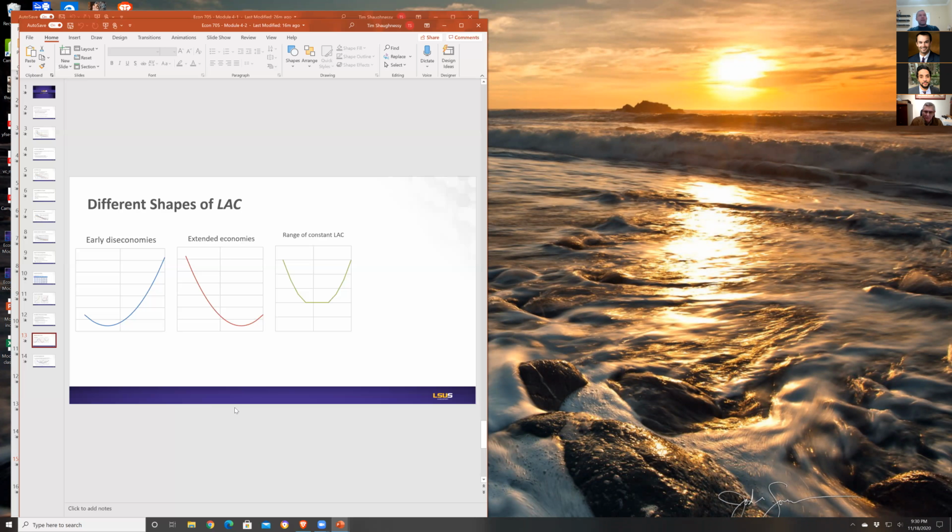Presumably. I don't know enough about them, but as I said, what usually drives the shapes of these curves are the underlying production or the underlying technologies and resources that are available. For a long time, car dealerships did tend to be independently owned.